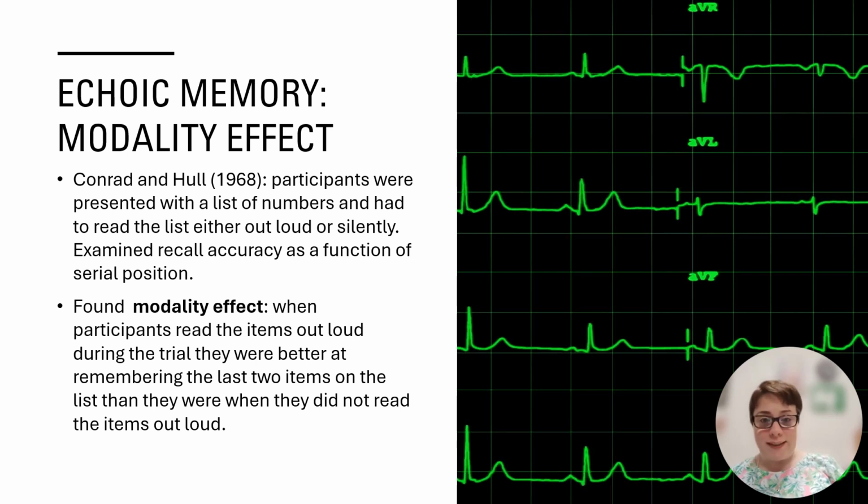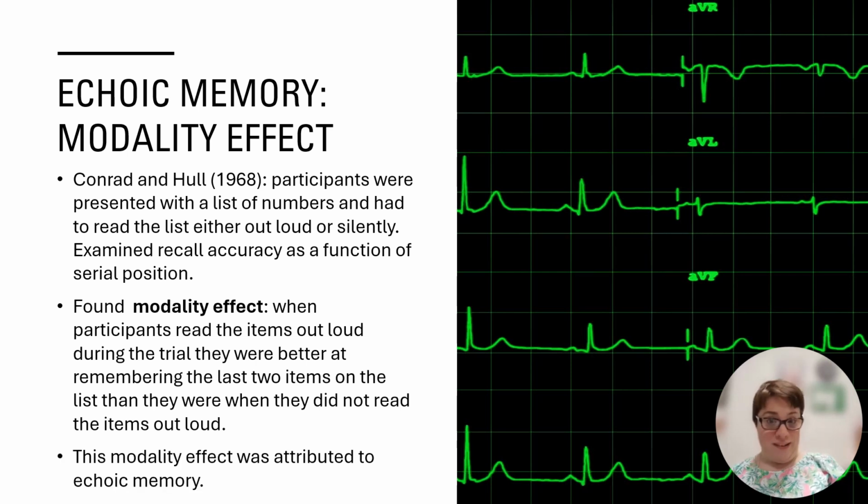So when participants read the items out loud during the trial, they were better at remembering the last two items on the list than they were when they did not read the items out loud.